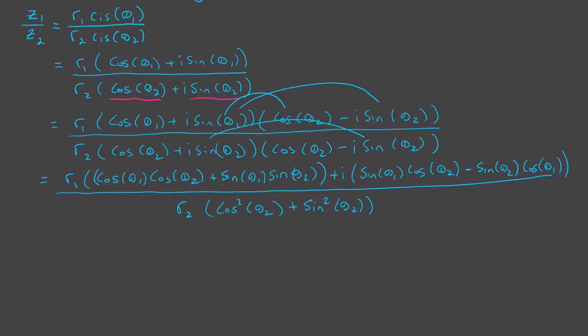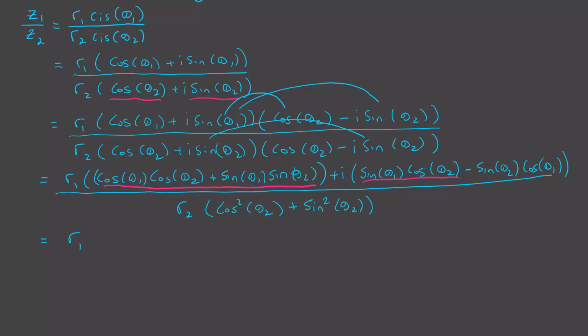Now, let's look at what we have on top. So when you look at that, you may recognize it, or you may go back and look, as cos theta 1 minus theta 2.